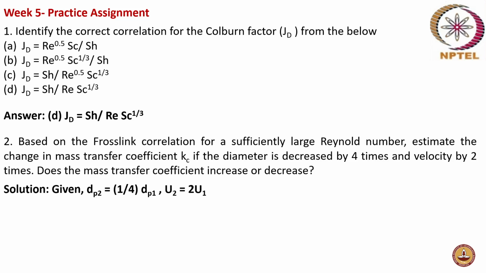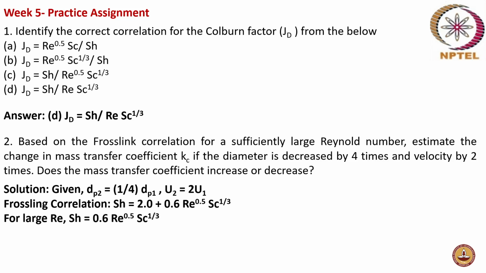So, what is given? For case 2, the diameter dp2 is equal to 1/4 of dp1, while the superficial velocity u2 is equal to 2 times u1. So we know the Froessling correlation is Sherwood number equal to 2 plus 0.6 into Reynolds number power 0.5 multiplied by Schmidt number power 1 by 3.